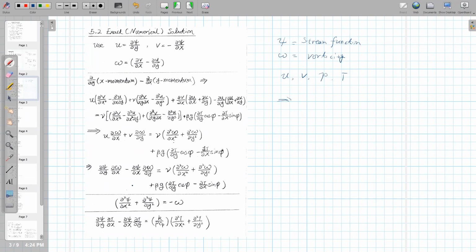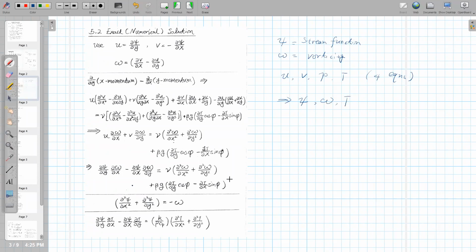We had 4 equations: one continuity, 2 momentum, and 1 energy equation. After this conversion, we have 3 unknowns left: psi, omega, and T, temperature.